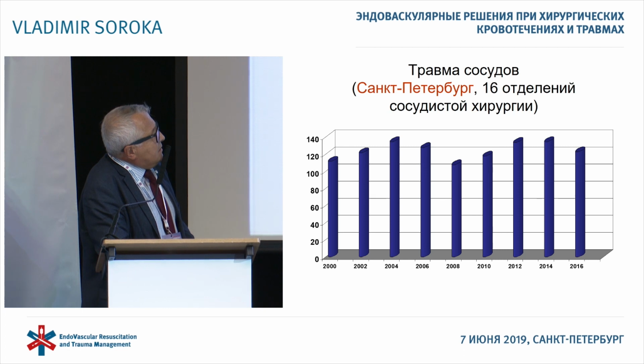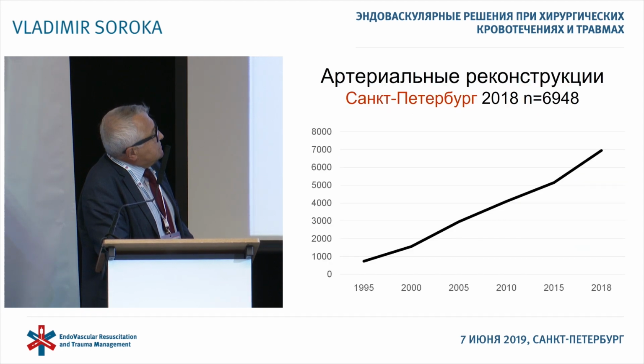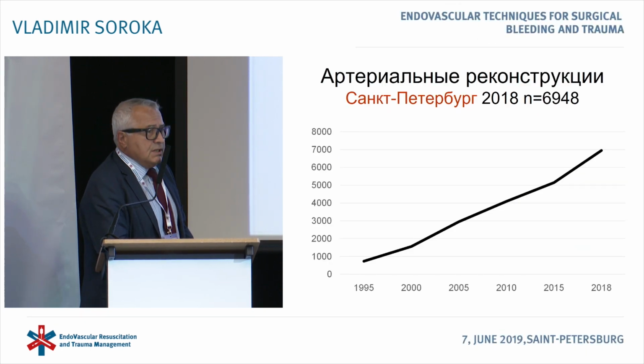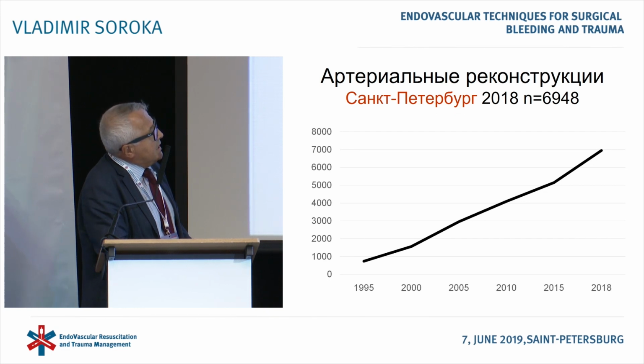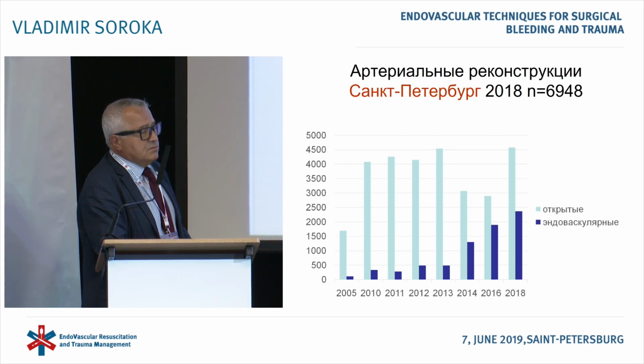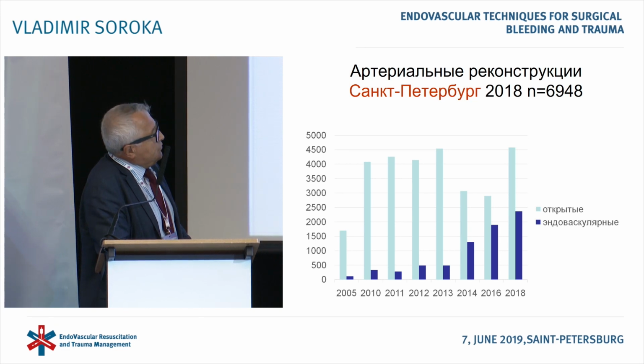St. Petersburg has 5 million population. I liked very much the presentation from our Brazilian colleague. Of course, Neva is not the Amazon River, but we have similarities indeed. The number of vascular surgeries and arterial reconstructions is growing, mainly due to arterial input.